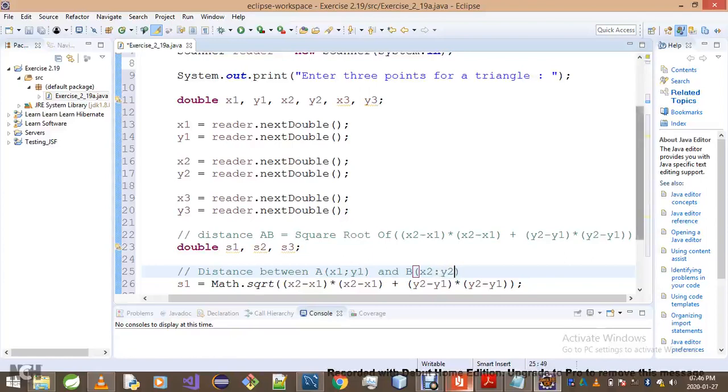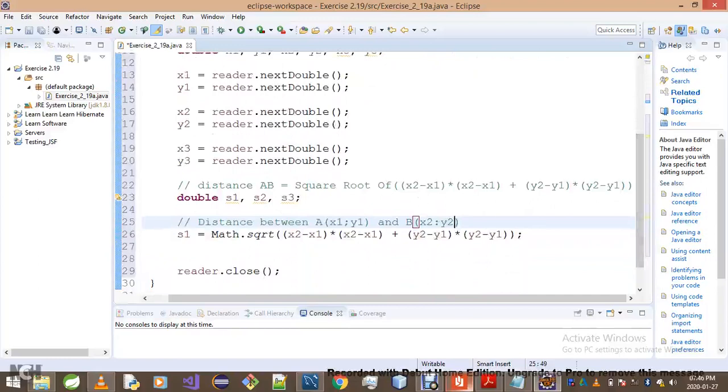Okay, let me first put this: the distance between A and B, which is the distance S1.